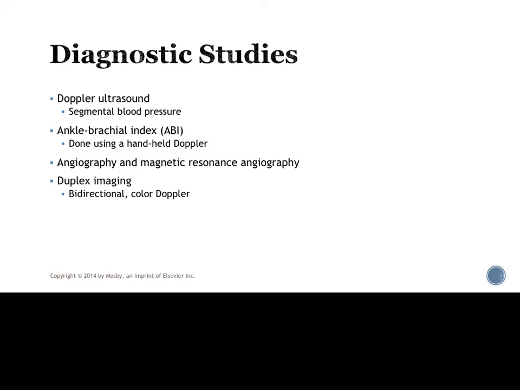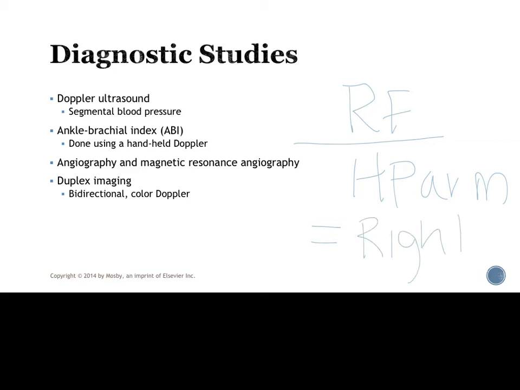So what essentially you do is you take the blood pressure of the foot that you believe is involved. So let's say we think it's the right foot, okay? And then you would take a normal brachial blood pressure, both in the left and the right arm, and whichever one is the highest, you would take the highest pressure of the arm, and that's what you're dividing the right foot blood pressure by, and you would get what we call the right ABI, okay?